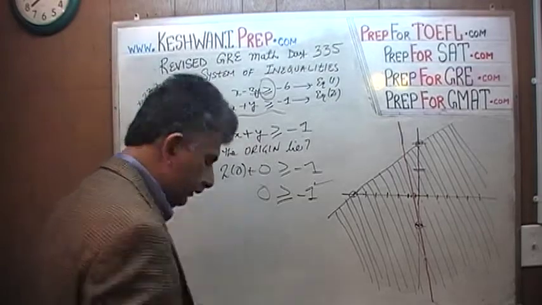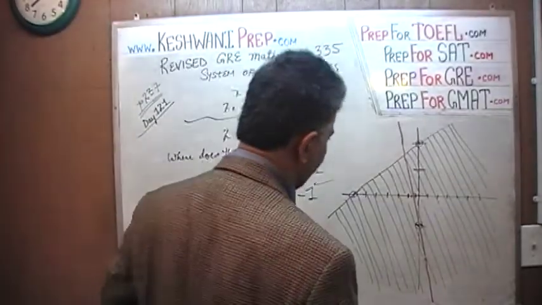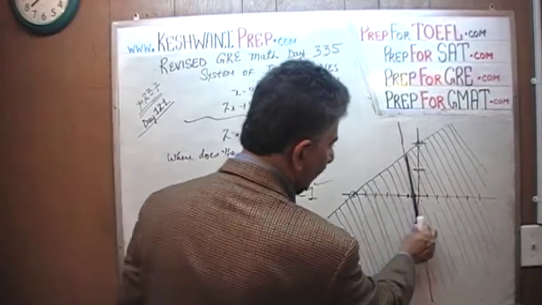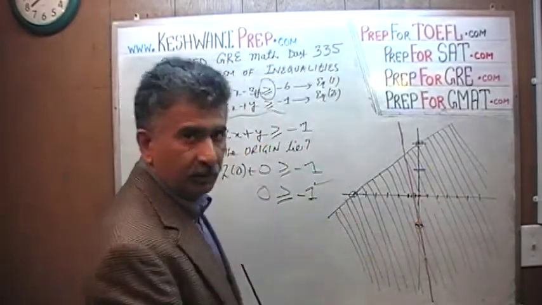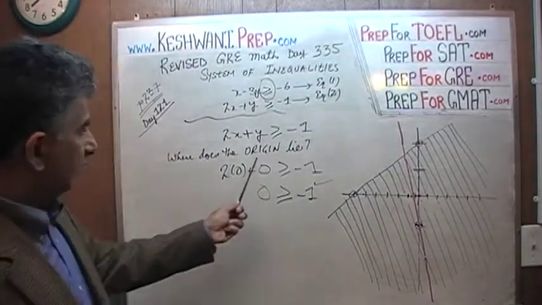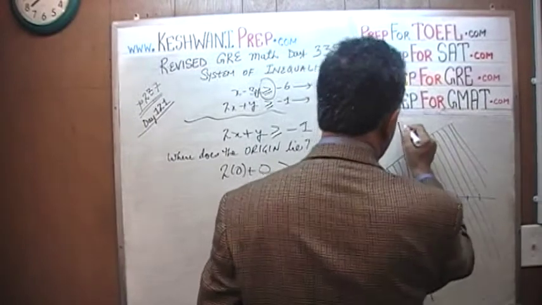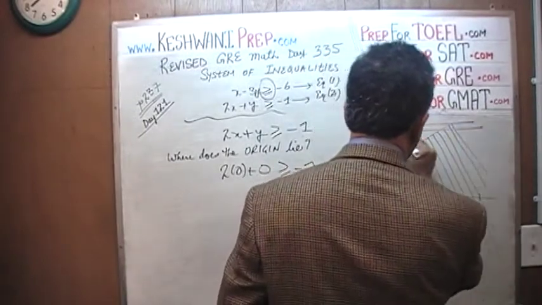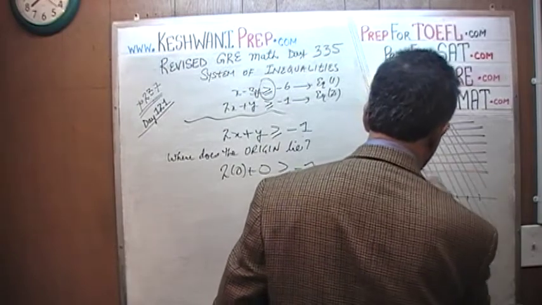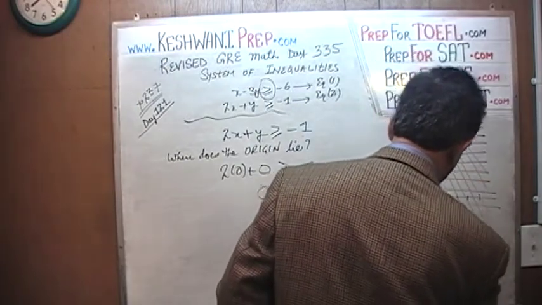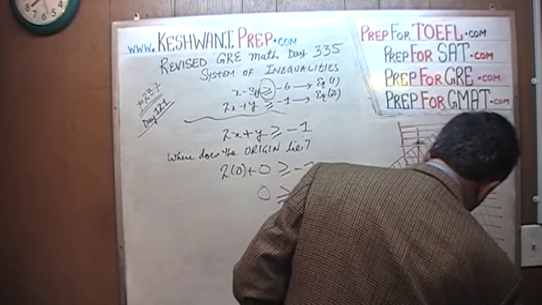We are almost done. So now we know where our solution must lie. This was our line, the red line. And here is the origin. We just found out that the solution must contain the origin because the origin satisfies the inequality, which means it lies on this side. There you go.